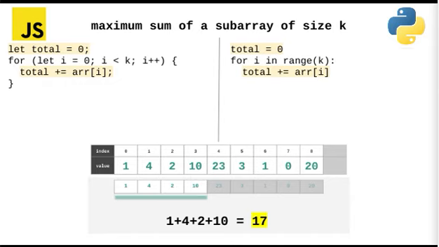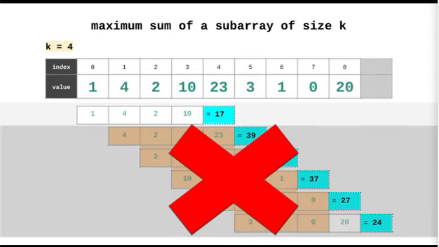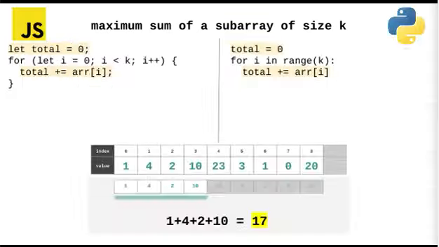So we'll initialize a total variable, set that to 0, and this is how I'm going to add up the values in the first four numbers in the array. Now again, we're not going to add the remaining subarrays that way.